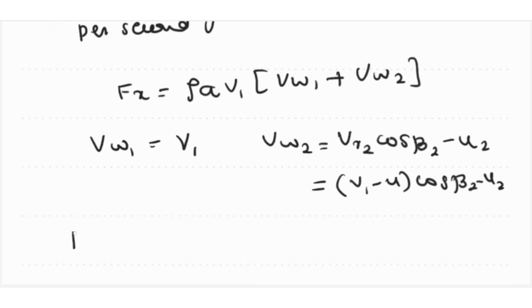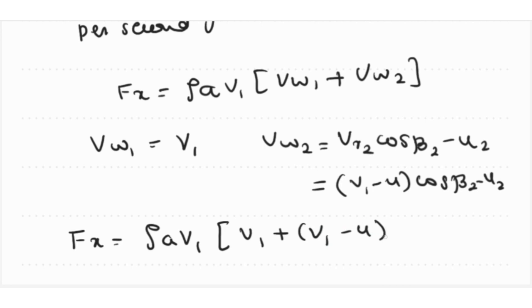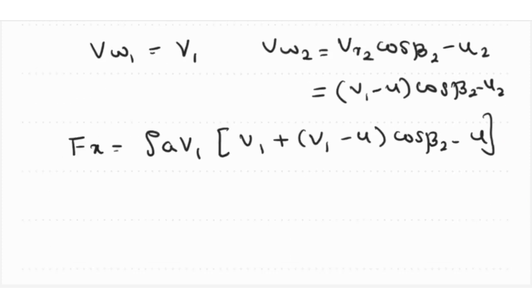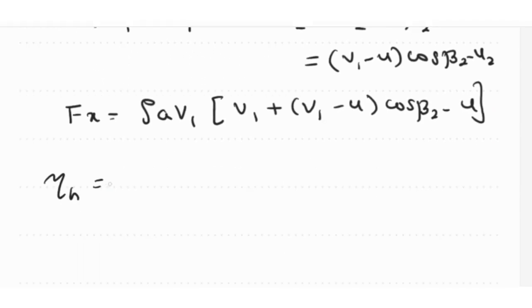So if you substitute the Fx, rho into A into V1 into (VW1, which is V1, plus (V1 minus U) cos beta 2 minus U2), and U1 is equal to U2 is equal to U. So we have hydraulic efficiency eta H is equal to output divided by input.